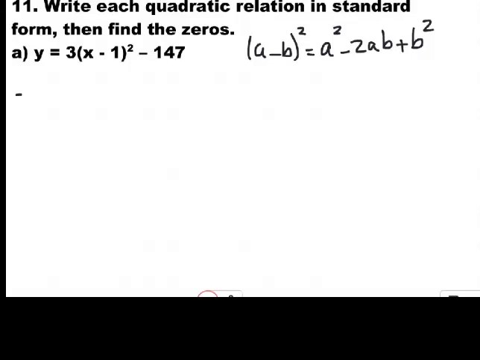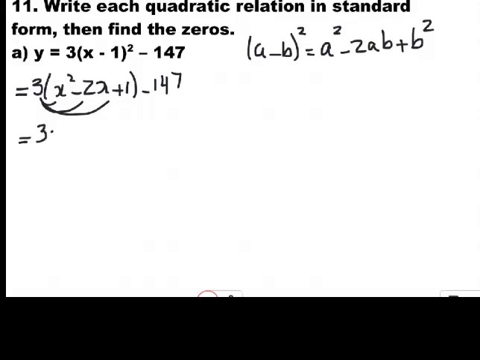So this becomes 3 times (x squared minus 2x plus 1) minus 147, because minus 1 times 2 times x is minus 2x. Now I expand 3 inside the bracket.